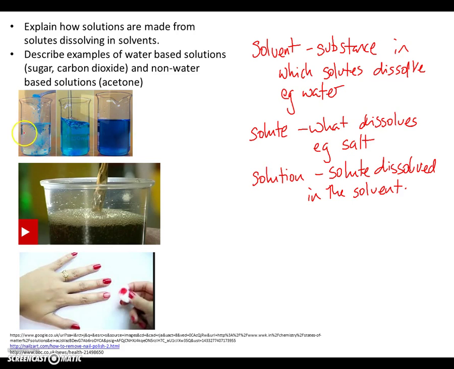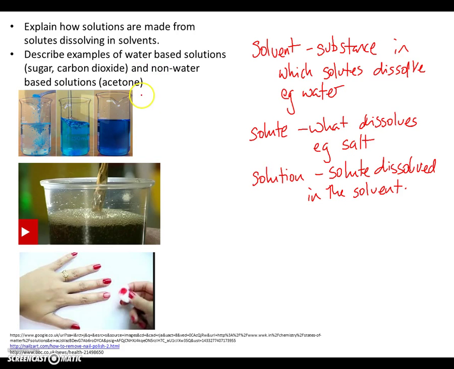You can see the water here is clear and colourless, and the blue crystals here. When you put it in the water and give it a stir, the solution turns blue, and you can't see the solid anymore. So that's one of the definitions of dissolving: the solid appears to disappear, but all the different particles have gone into the water and are now dissolved.